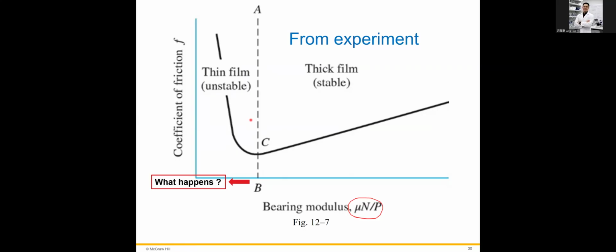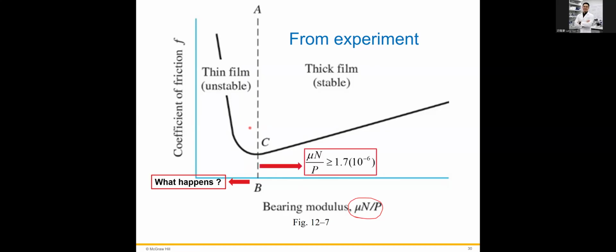As this clearance becomes thinner, it is unstable. What happens if this bearing modulus is to the left of this AB limit?